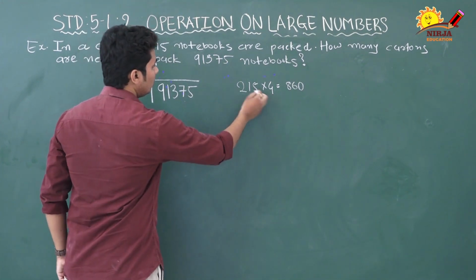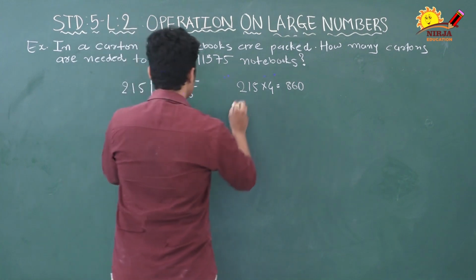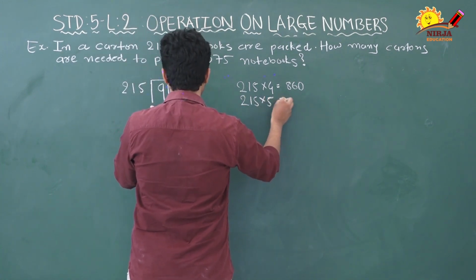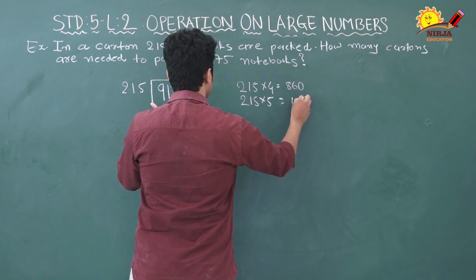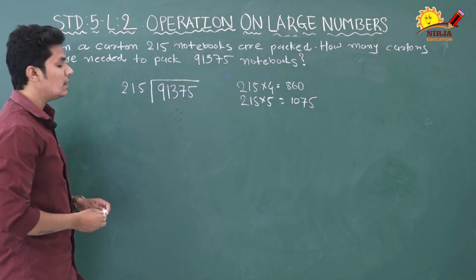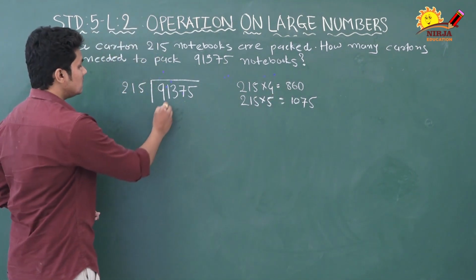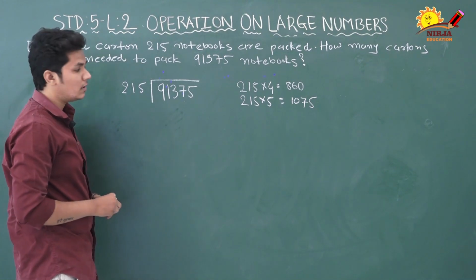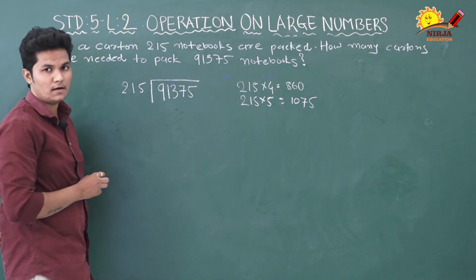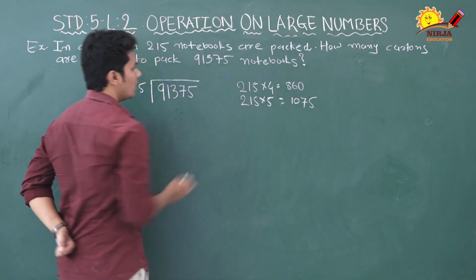Okay, 4 times 215 is 860 and 5 times 215 is 1075. Okay, so clearly we can see that 860 is less than 913. Okay, and 1075 is greater than 913. So we cannot write this number, we will take this.